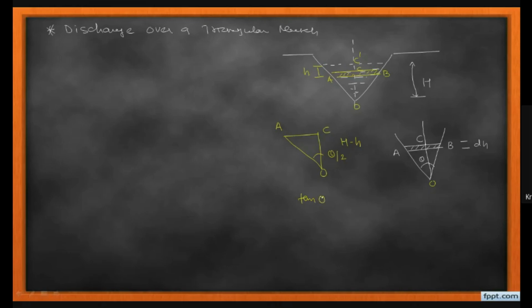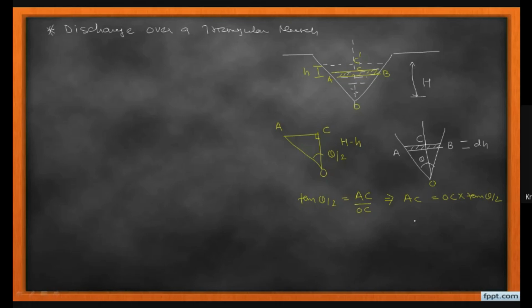Now we move towards the tan of this angle. So tan theta by 2. Tan theta by 2 means opposite upon adjacent. And here we have the 90 degree. So OA is our hypotenuse. So it becomes AC divided by OC. So if we make AC the subject, then it becomes OC into tan theta by 2.